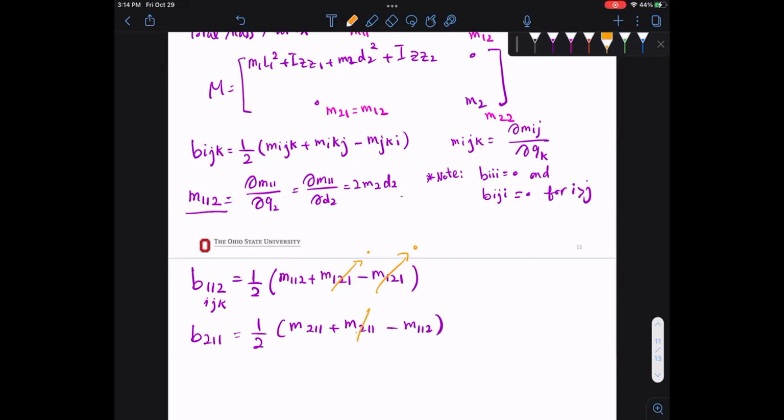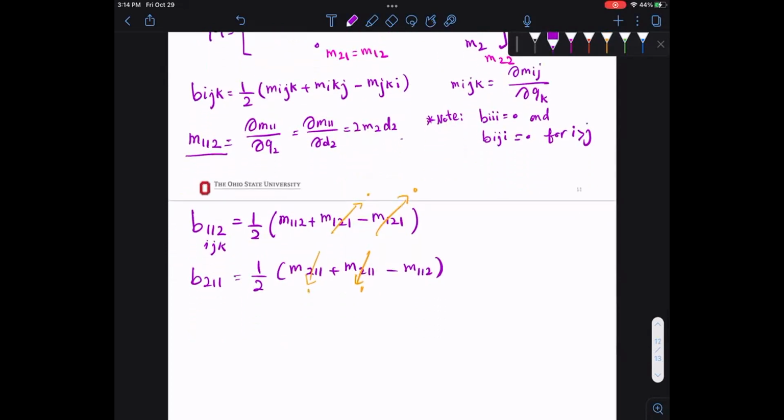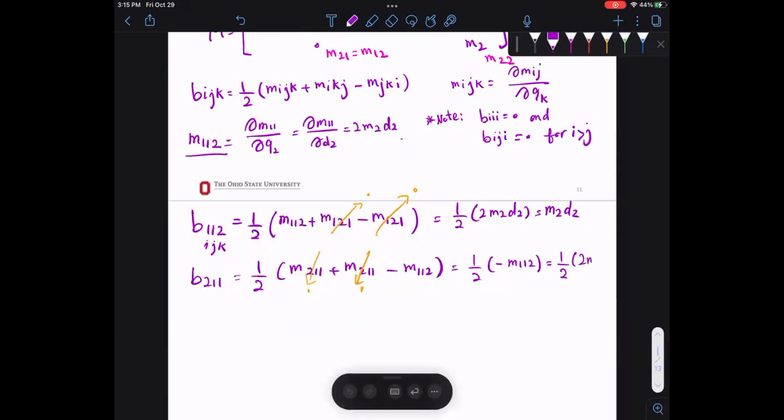Again, these are zeros because the partial differential is not impacted by the joint variables. So B112 is 1/2 M112, right? So it's 1/2 times 2 M2 D2, so it's M2 D2. This one is 1/2 negative M112, which is 1/2 times 2 M2 D2 negative. So it's negative M2 D2.